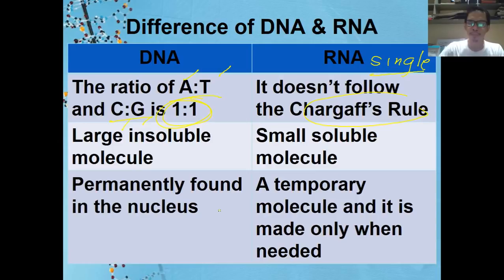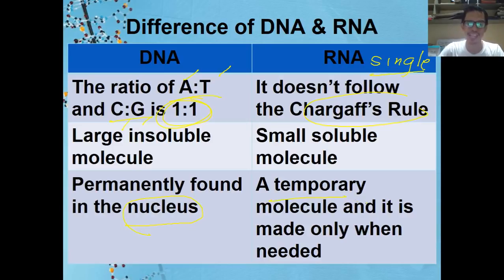Alright, so next one. The DNA is found only in the nucleus. It doesn't go out of the nucleus. Meanwhile, the RNA is a temporary molecule. It is only created during protein synthesis.